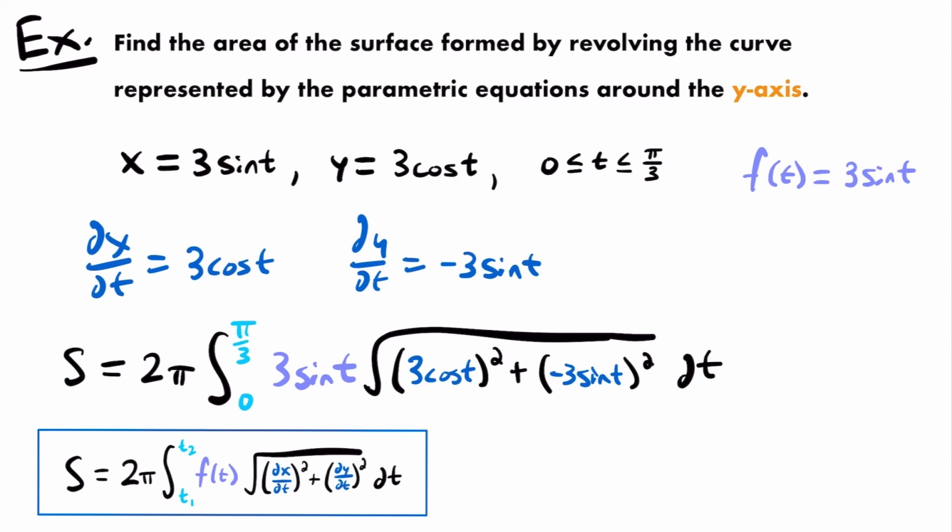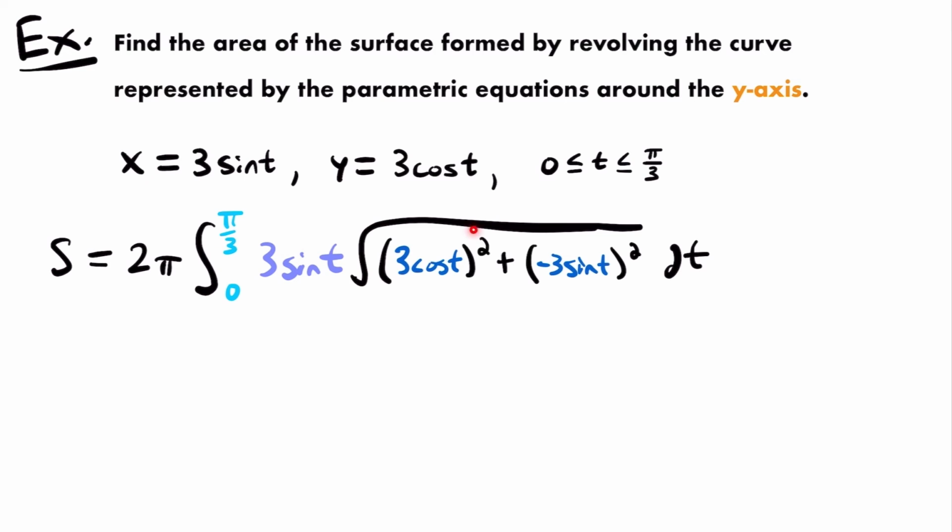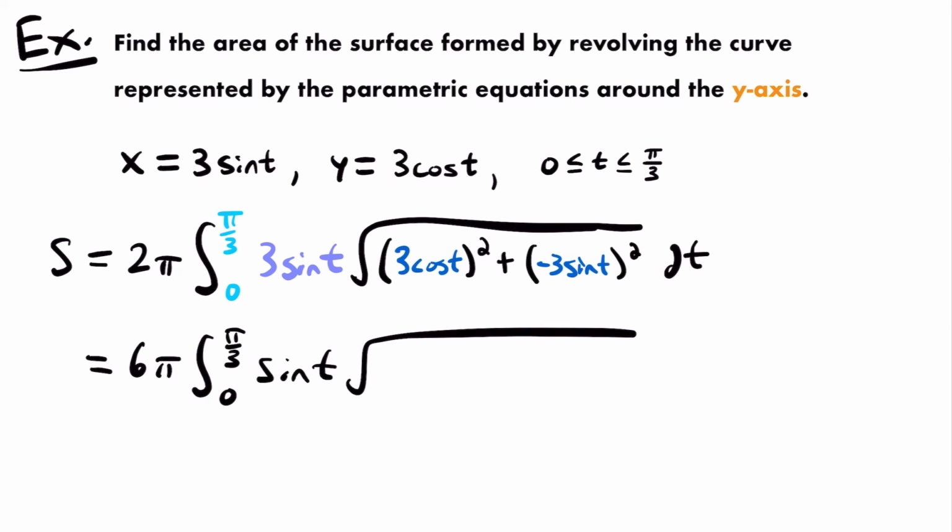Now all we have to do is simplify the integral and then solve it. And so the first thing that we can do to simplify this is pull this 3 to the outside of the integral. We'll have 3 times 2 pi, which will be 6 pi. So this will be equal to 6 pi times the integral from 0 to pi divided by 3 of sine t times the square root of 3 cosine t squared plus negative 3 sine t squared.